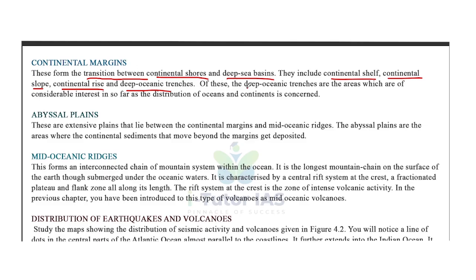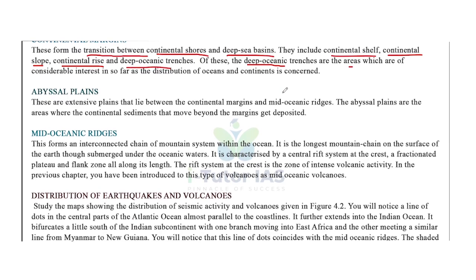Of these, the deep oceanic trenches are the areas which are of considerable interest in so far as the distribution of ocean and continents is concerned. Now, next one is abyssal plains. These are extensive plains that lie between the continental margins and the mid-oceanic ridges.